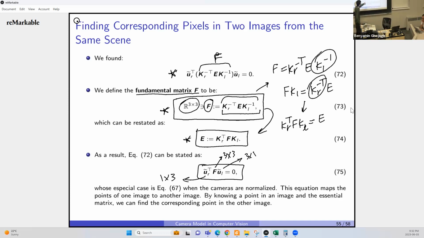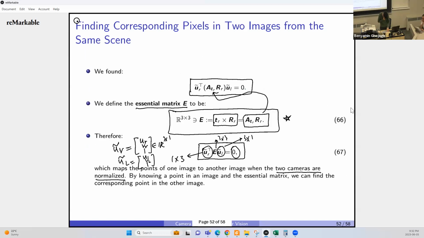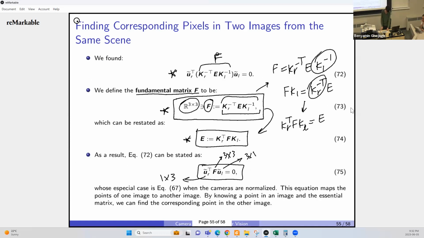As you see, equation 67 is a special case of equation 75 when the two cameras are normalized. Okay. Again, what is the importance of this equation? It maps a pixel from one image to its corresponding pixel in another image, even for any arbitrary cameras. It doesn't need to be normalized camera.